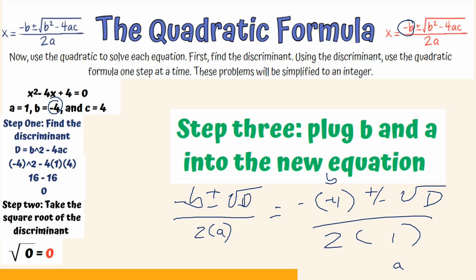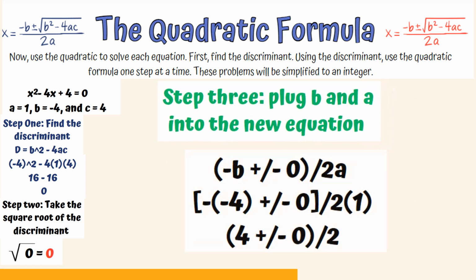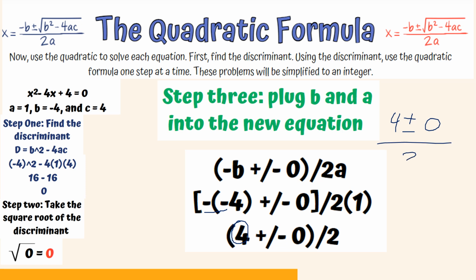That's right, that's a positive. And what's 2 times 1? That's right, it's 2. So right here, a negative times a negative is a positive. So we've got 4 plus or minus 0 divided by 2.